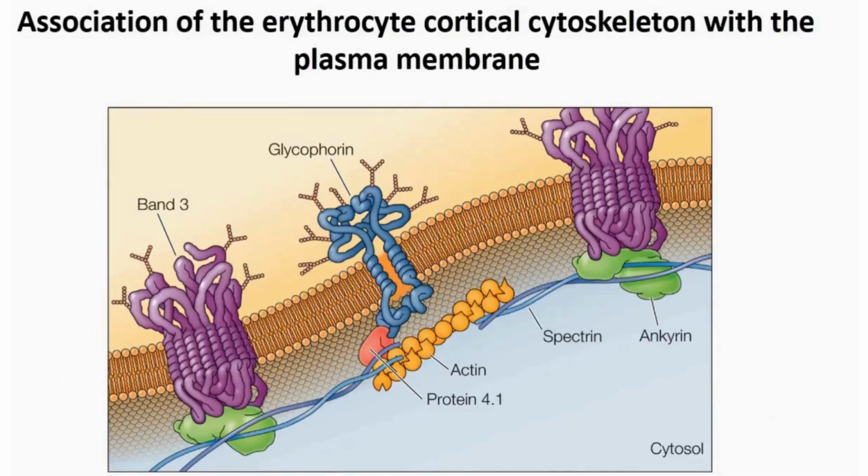Let's look at the diagram. This shows the association of the erythrocyte cortical cytoskeleton with the plasma membrane, how the erythrocyte cytoskeleton attaches to the plasma membrane. We have a series of proteins that help in attachment.